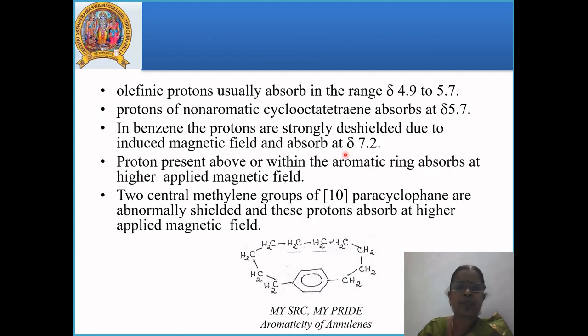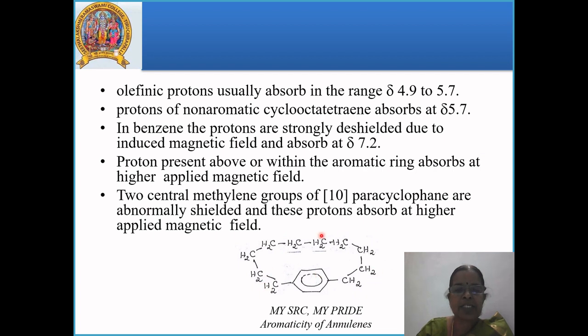Olefinic protons usually absorb in the range of delta 4.9 to 5.7, whereas aromatic protons are deshielded and absorb at delta 7.2. That is, a higher delta value means the signal appears downfield.